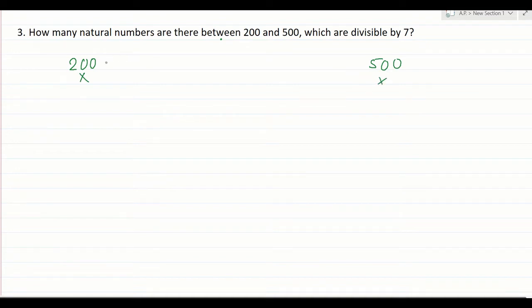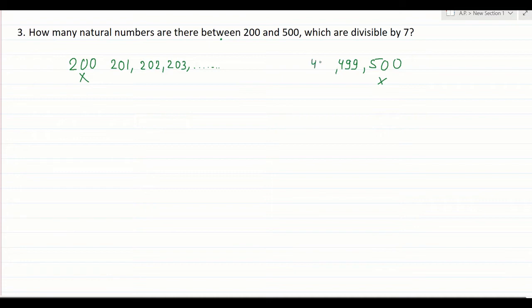But whatever comes in between 200 and 500 can be taken. So the first number that can be taken is 201. Then 202. Then 203. So on till 499.